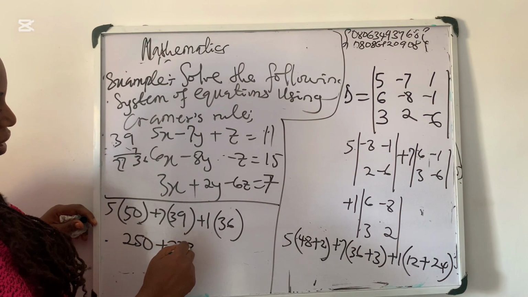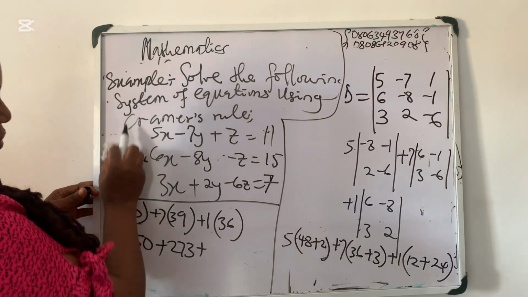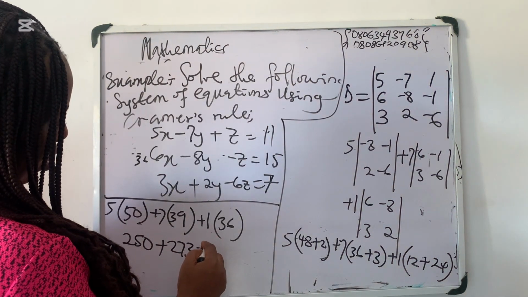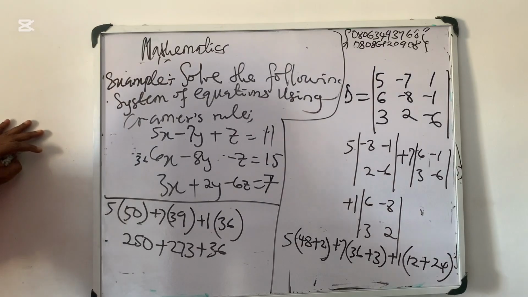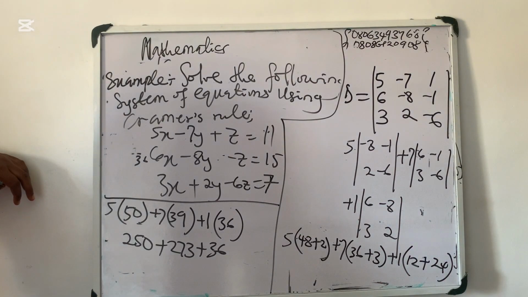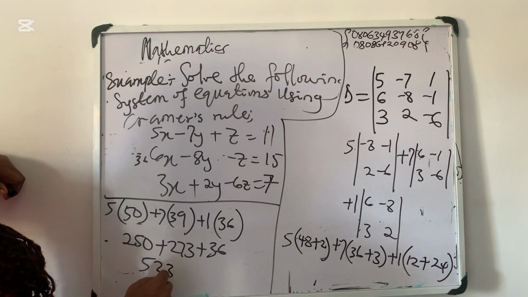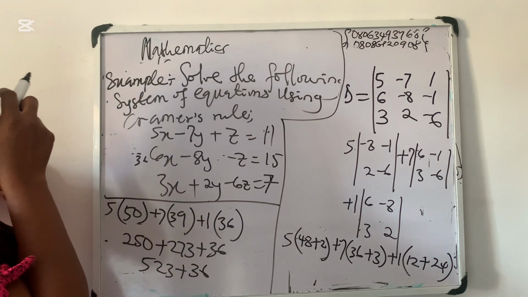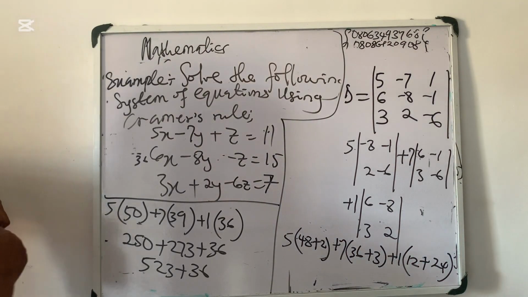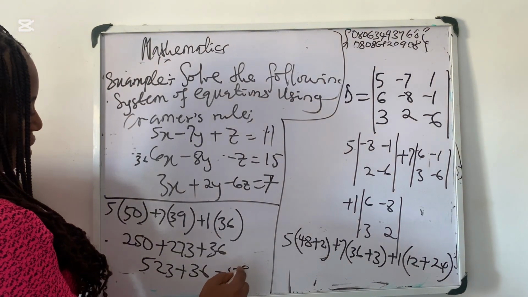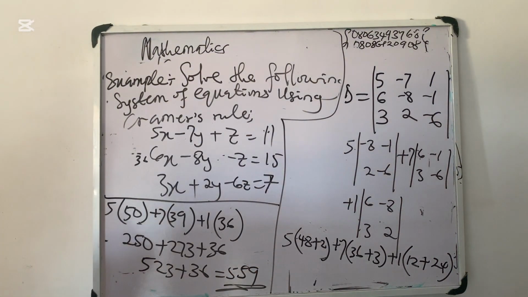We have 273 plus 36, because 1 times 36 is 36. 250 plus 273 is going to give us 523. 523 plus 36 is going to give us 559, so D equals 559. We are going to stop here.